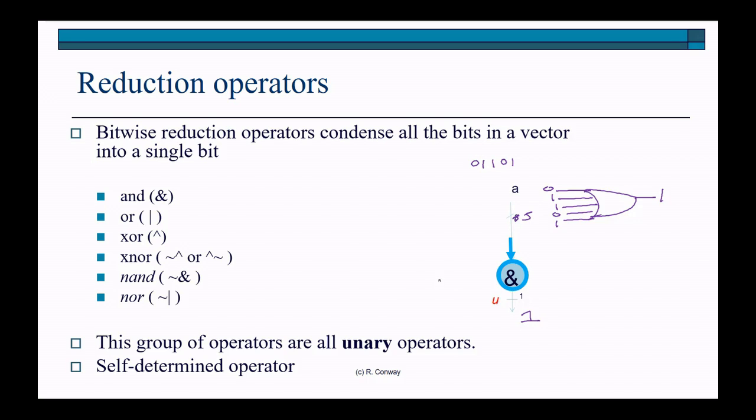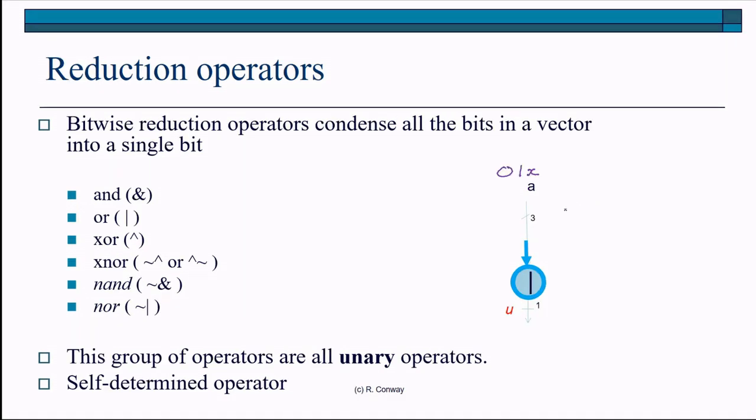So it proves a useful way to take a group of bits and, in our example, OR all those bits together to obtain a single bit result. Another example, 0, 1, X. We again can think of it as a 3 input OR gate with the bits 0, 1 and X. And we know for an OR gate, if any one of the inputs is a 1, the output is a 1.